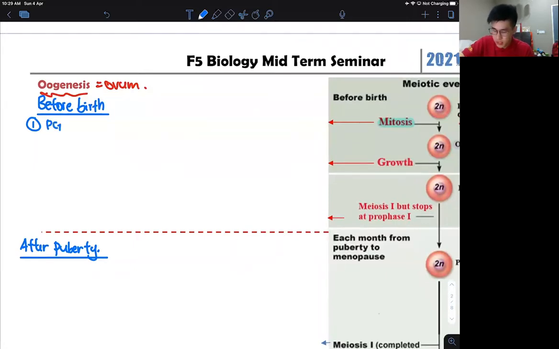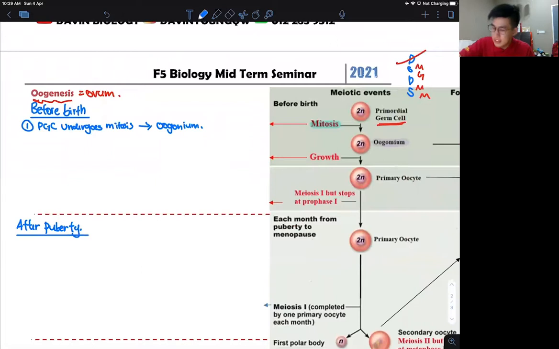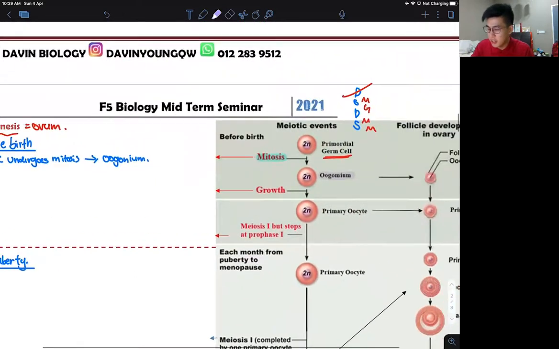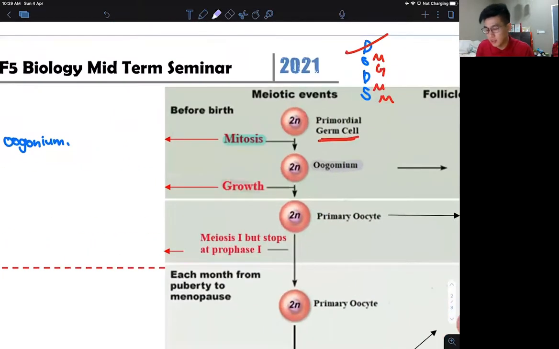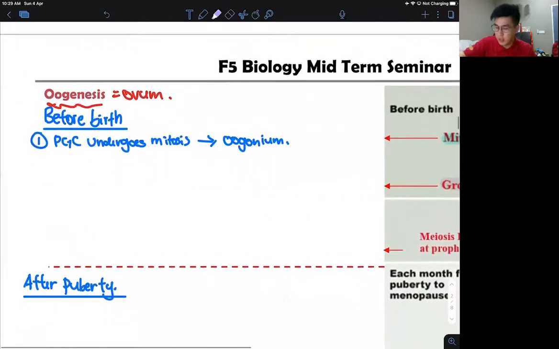In the explanation, you just have to say: primordial germ cell undergoes mitosis to become oogonium. Done. And then next, the beginning is very similar to guys. Grow to become primary oocyte.